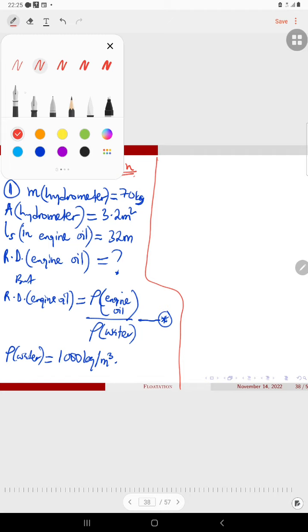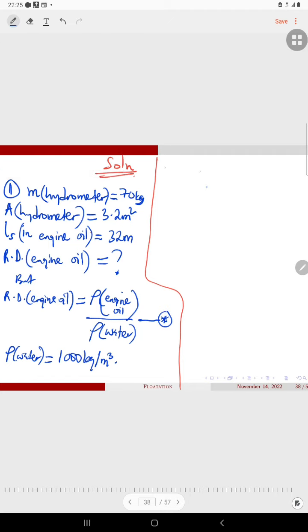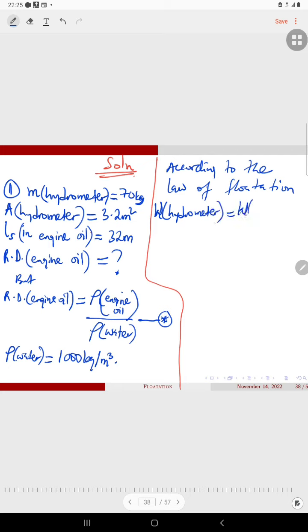We know that according to the law of flotation, the weight of the hydrometer should be equal to the weight of displaced oil.